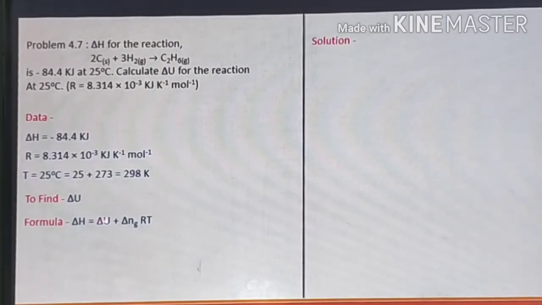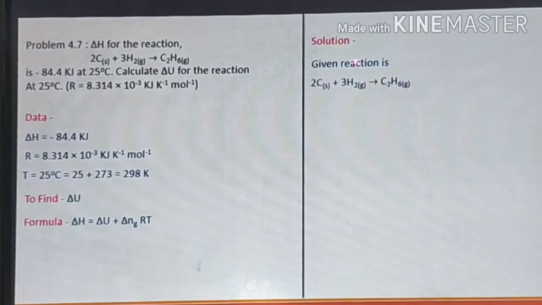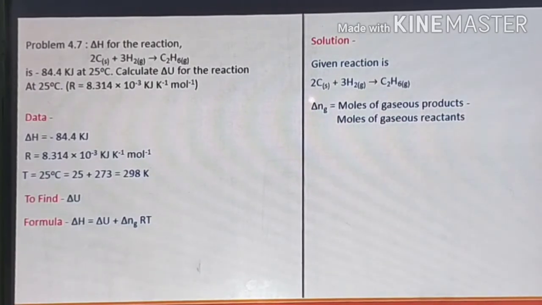First, I know the value of delta H. I know what is R, what is T. So first I will have to calculate delta Ng. See, the given reaction is 2 C solid plus 3 H2 gas gives C2H6 gas. Out of the two reactants, one reactant is in solid state and the other reactant is in the gaseous state, while the product is in the gaseous state.